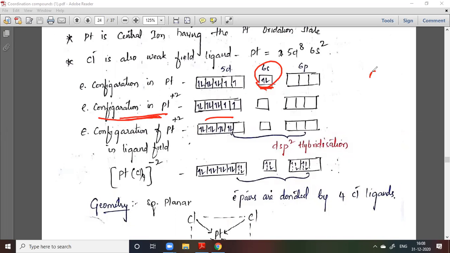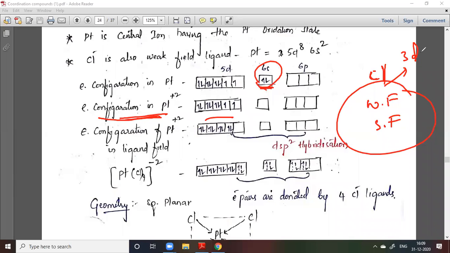Now again our chlorine is there. You know that this chlorine is a weak field ligand. So when it is weak field, what happens? They stay completely as they are. Sorry, chlorine is a weak field ligand again, but I already told you that the weak field and strong field differentiation is applicable only for the 3d series.